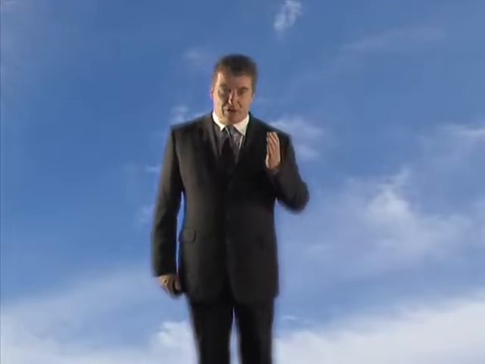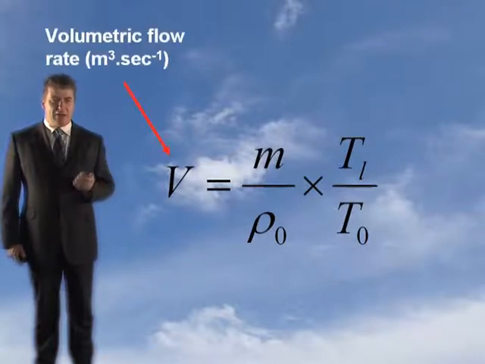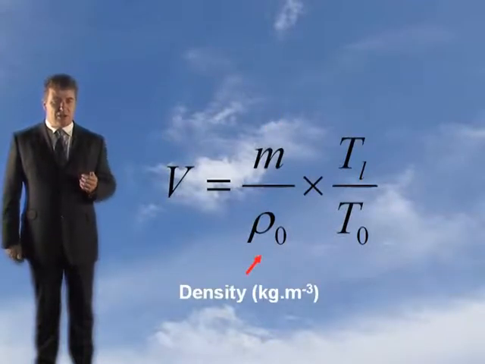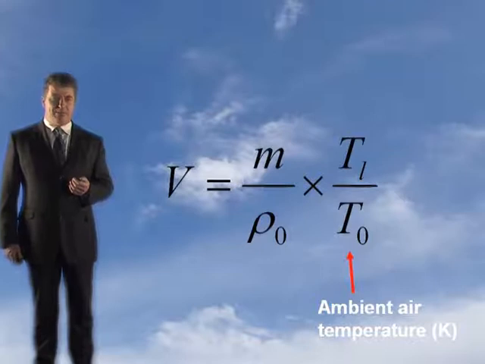Next, because we're looking at mechanical ventilation, we don't need to determine the aerodynamic free area, but we need to work out the volumetric rate, and this is based on our design fire size. To determine the volumetric flow rate, you use this formula here. V equals M divided by rho 0 times TL times TO, where V is your volumetric flow rate in metres cubed a second, M is your mass flow rate in kilograms a second, your density is in kilograms per metre cubed, the absolute temperature of the smoke is TL, and TO is your ambient air temperature.